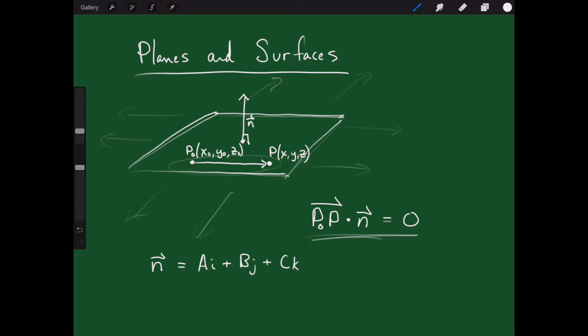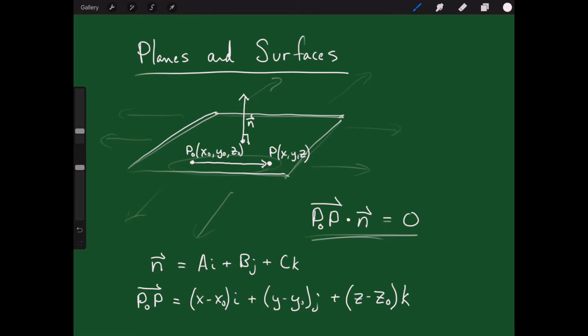Now let's write the other vector, which is P0P, which is going to be equal to, well, it is x minus x0 in the i direction plus y minus y0 in the j direction plus z minus z0 in the k direction.